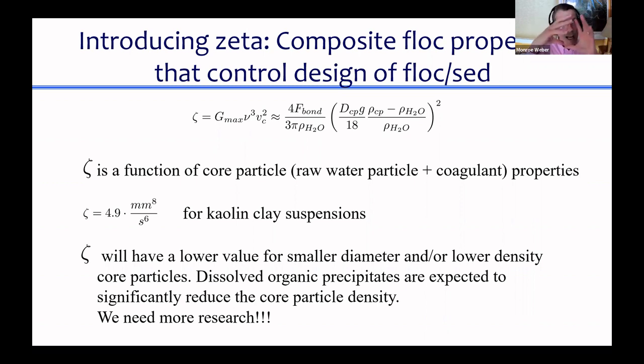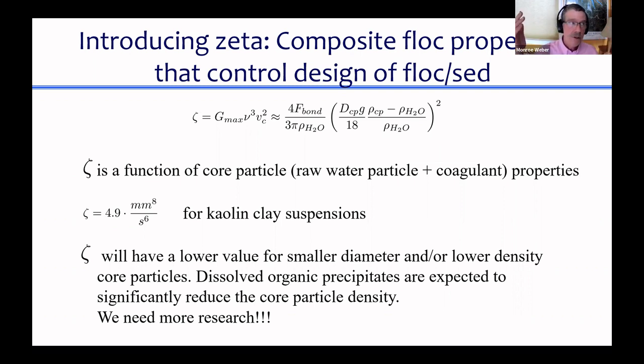So that mess of three things, a clay particle, coagulant nanoparticles, dissolved organic molecules, all coming together, that's your core particle. And the density of that multiple component particle decreases as you add more dissolved organics to it, because the dissolved organics have a density very close to water, maybe even less than water. So they're lowering the density.